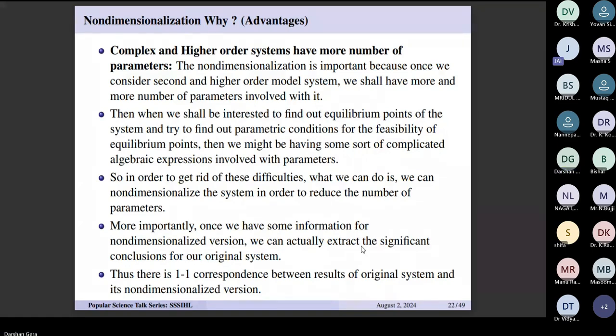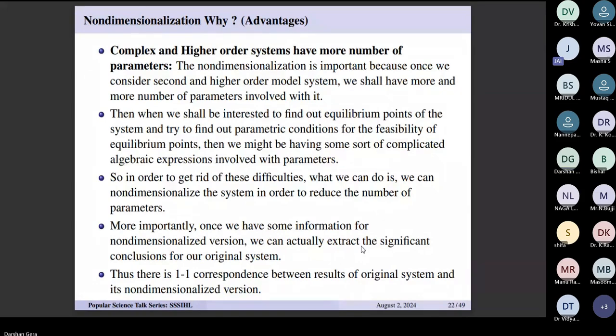This technique gives you much information about the dynamics of the system, about the trajectories, how they are evolving in the model system. Once you find the equilibrium points of the new non-dimensionalized system, which is an easier system, then by the one-to-one correspondence, the relation between the parameters and variables, you can talk about the equilibrium points of the original system and its stability.